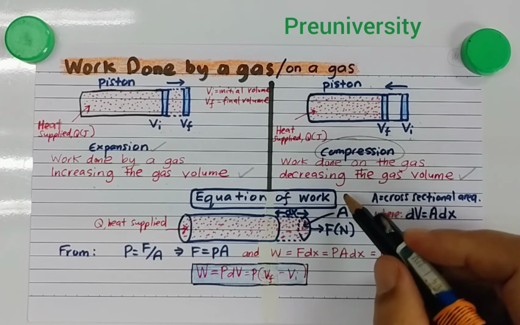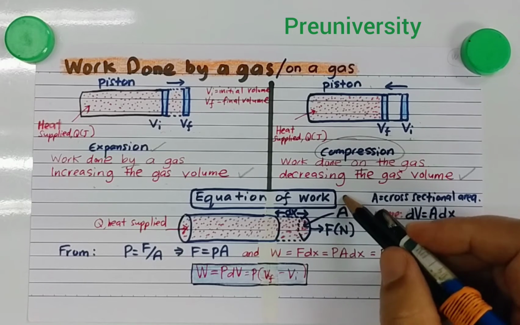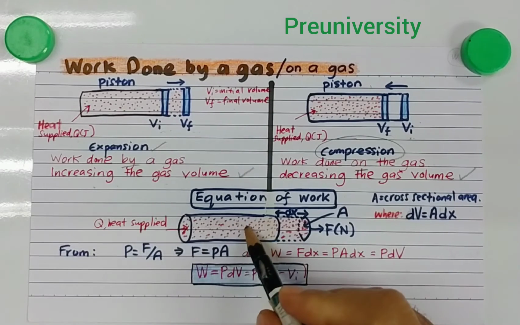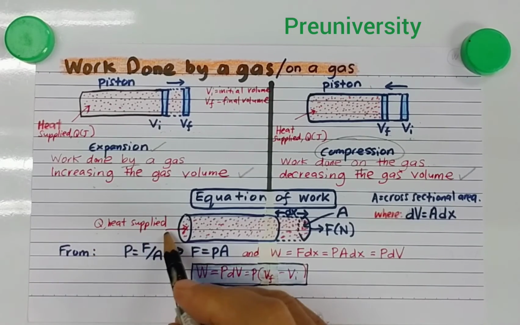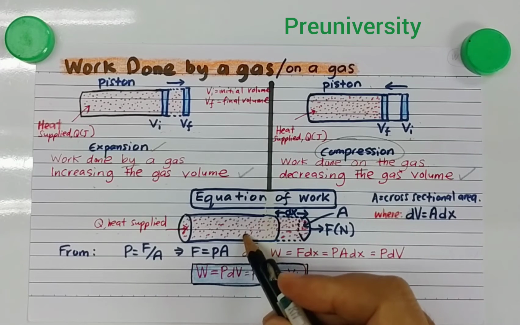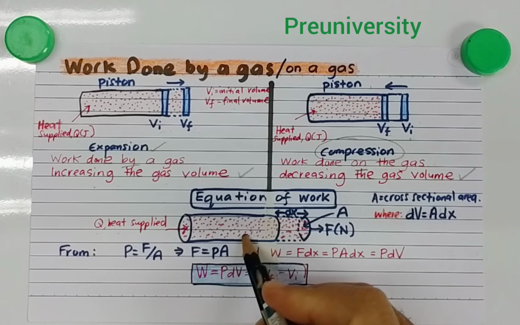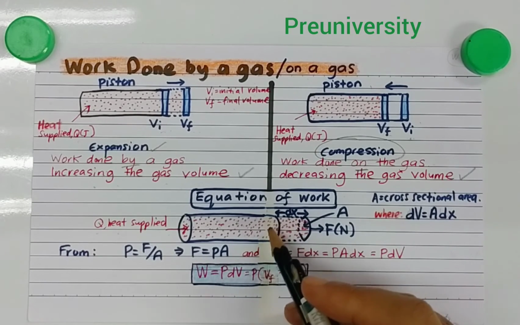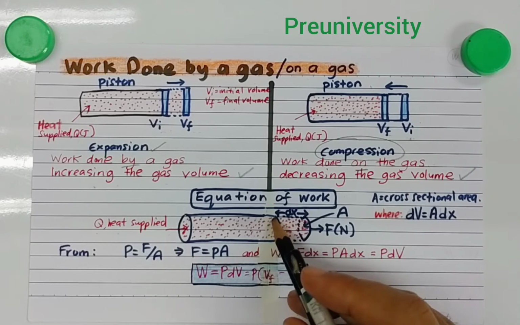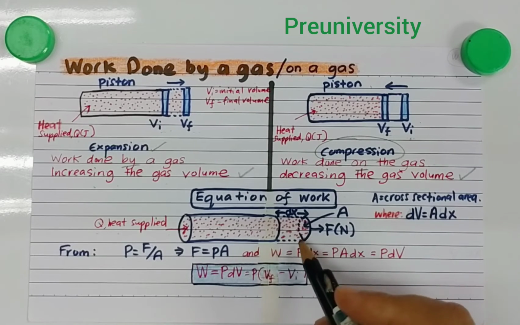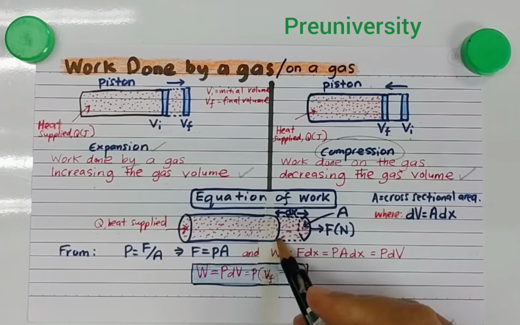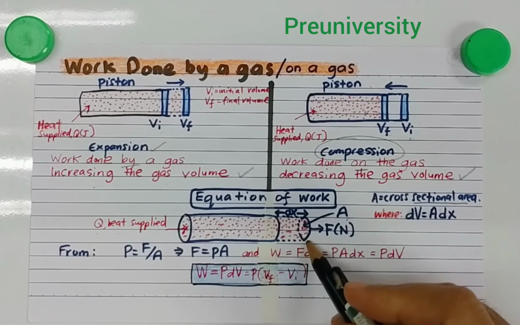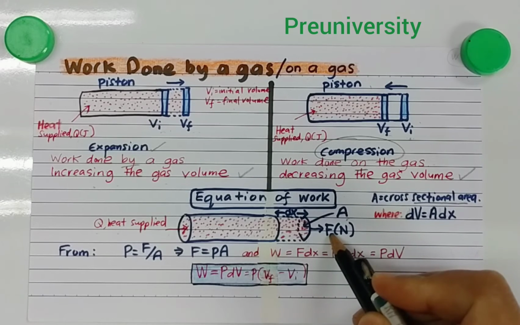Okay, so we continue to get the equation of the work. We refer to the diagram. Q, heat, is supplied and absorbed by the molecules of gases, and then what happened? The volume of the piston is increasing, from here increasing to here. A is the cross-sectional area of the piston and F is the force.